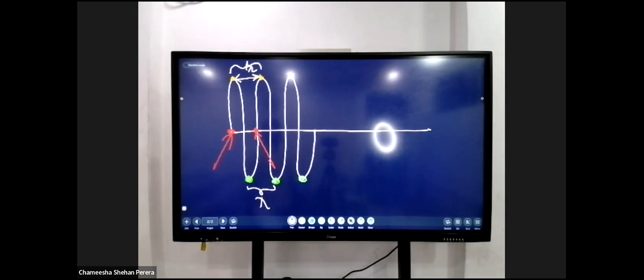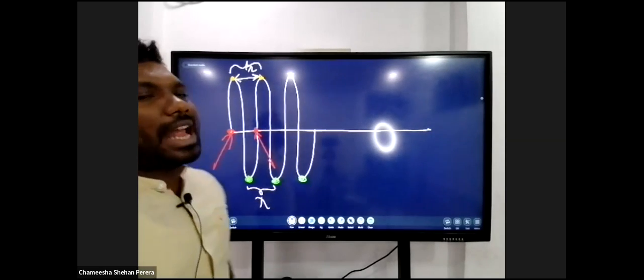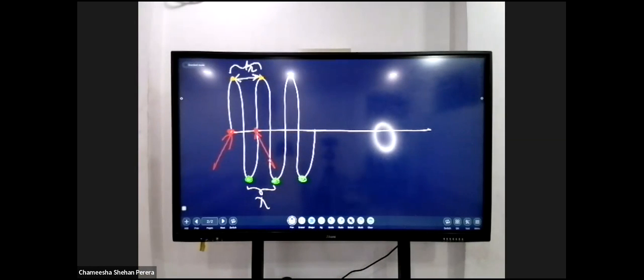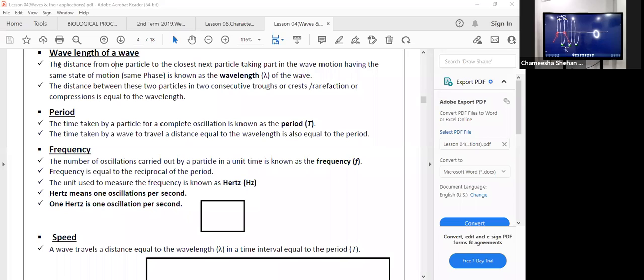So then, we need to talk about how you could really obtain the wavelength of a wave. For that I have indicated how it is done. The first definition is the most important definition. The distance from one particle to the next closest particle taking part in the wave motion, having the same state of motion or the same phase, is called the wavelength of a wave.